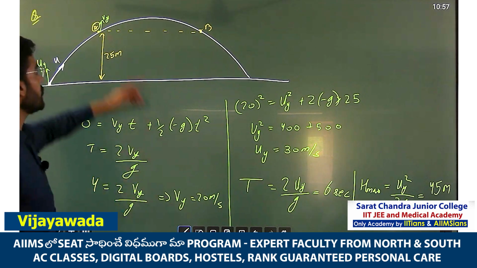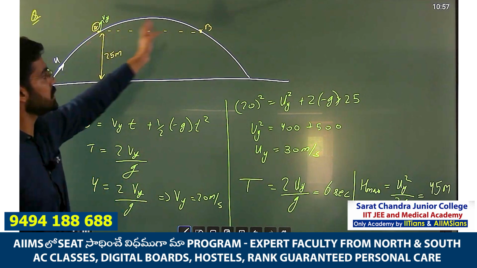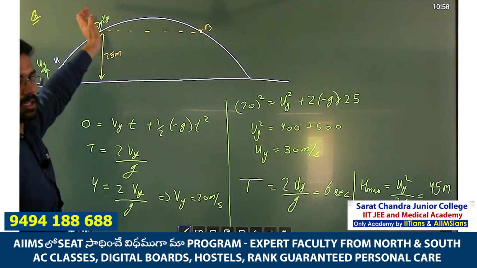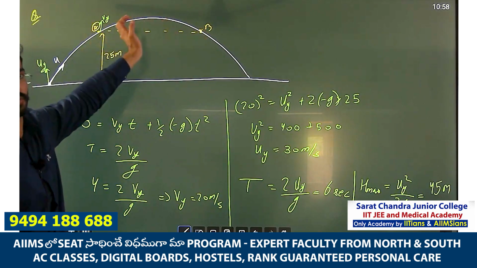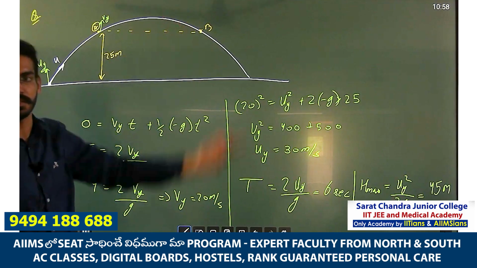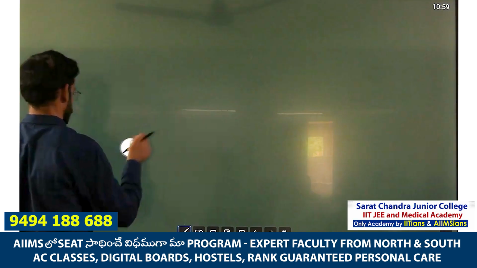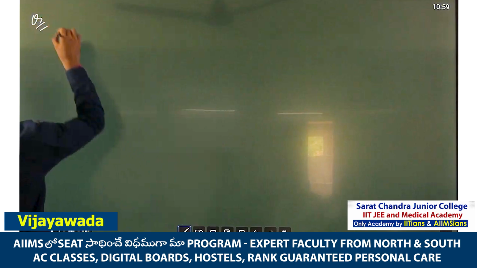If he gave me the horizontal displacement from here to here, then I would solve in horizontal and get u cos theta, because u cos theta into t is the displacement, right? Like that. Next question, write down.